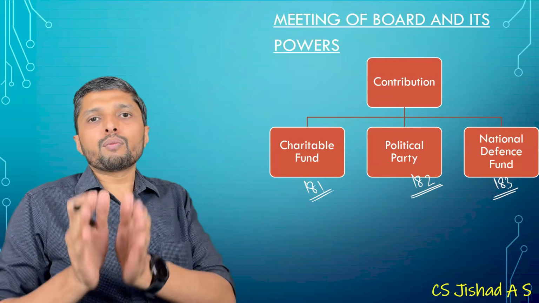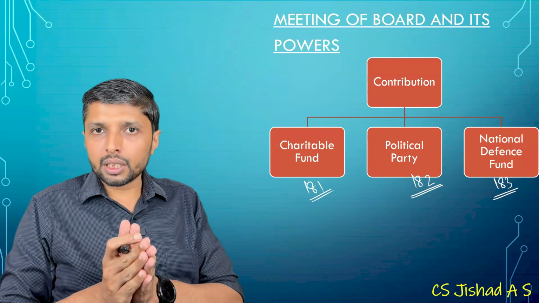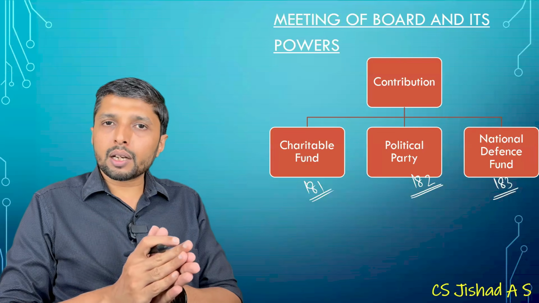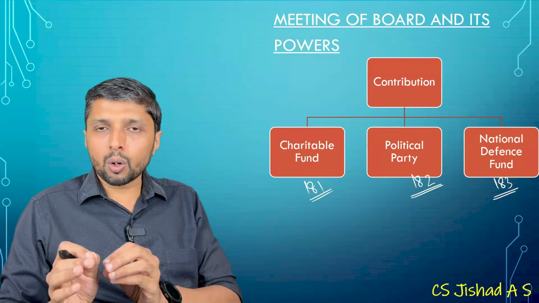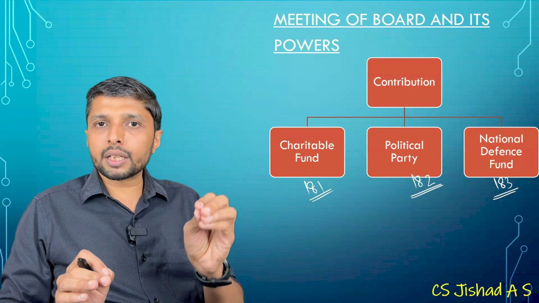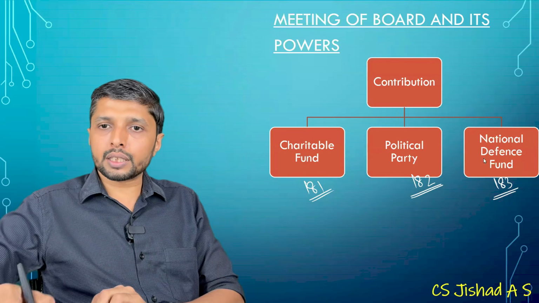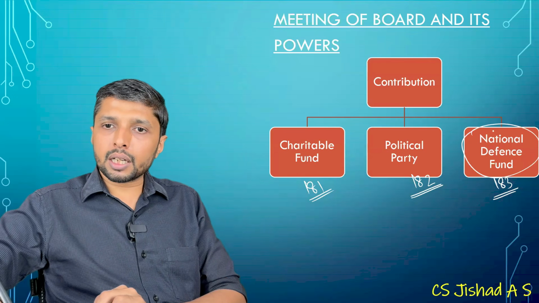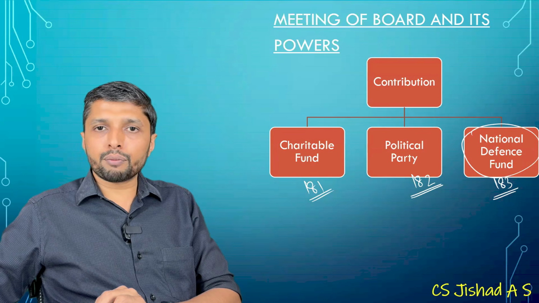If it exceeds 5%, an ordinary resolution is required. Okay, for political party contribution, there was no limit, but now it is 7% of average net profit of the preceding 3 financial years. Then the company can contribute to the national defense fund.